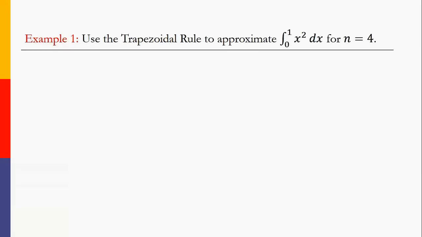Let's take a look at an example of how to use the trapezoidal rule to approximate a simple integral for n equals 4. First, we want to draw the function f of x equals x squared on the interval 0 to 1.